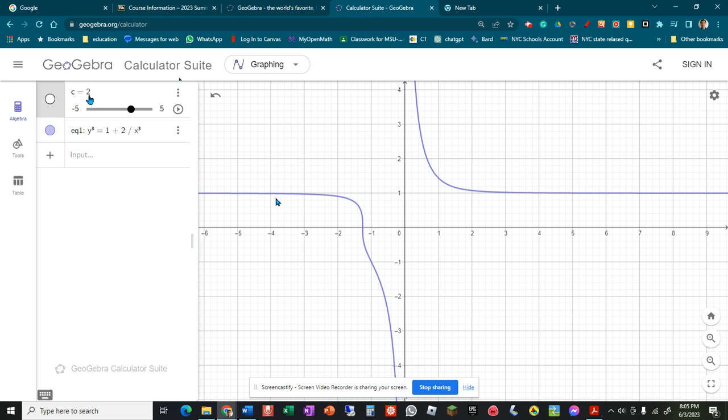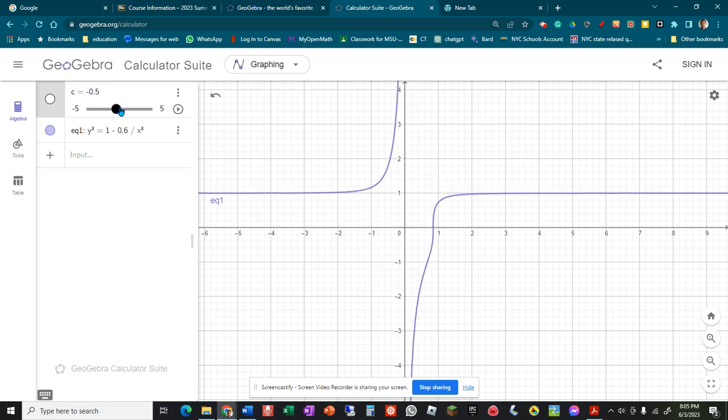When c is 2, you see that there are divisions of the solution, or branches of the solution here, right? At some point it changes. Look at here, at some point it changes. In fact, when c is equal to 0, I get y cubed equal to 1, or y equal to 1.